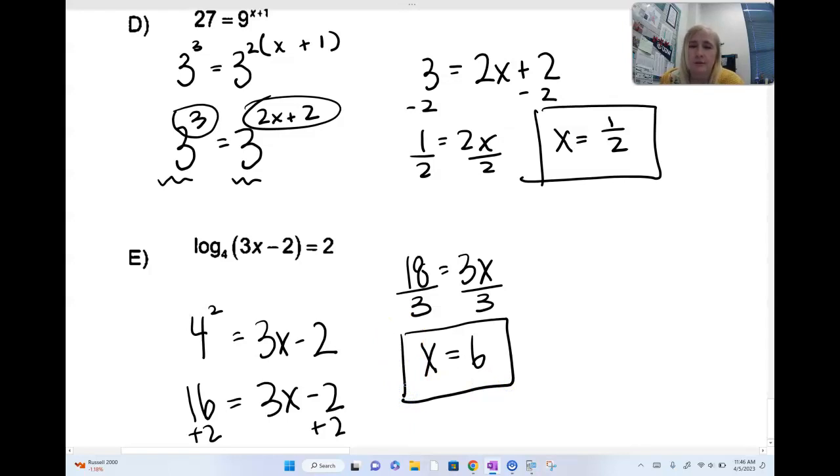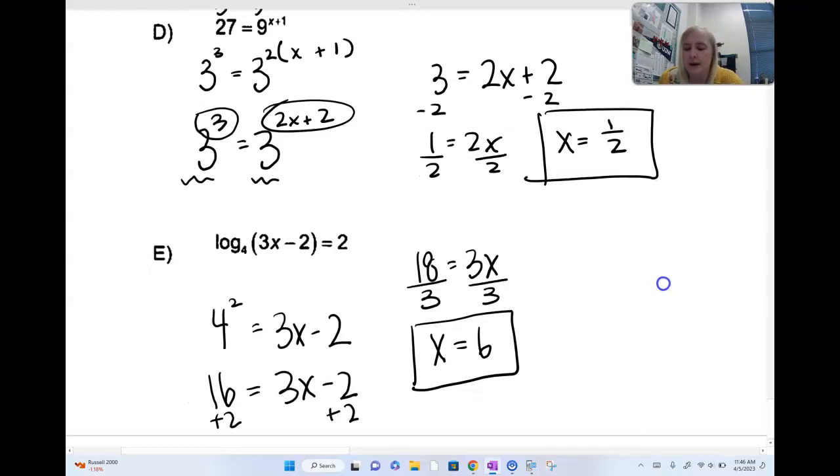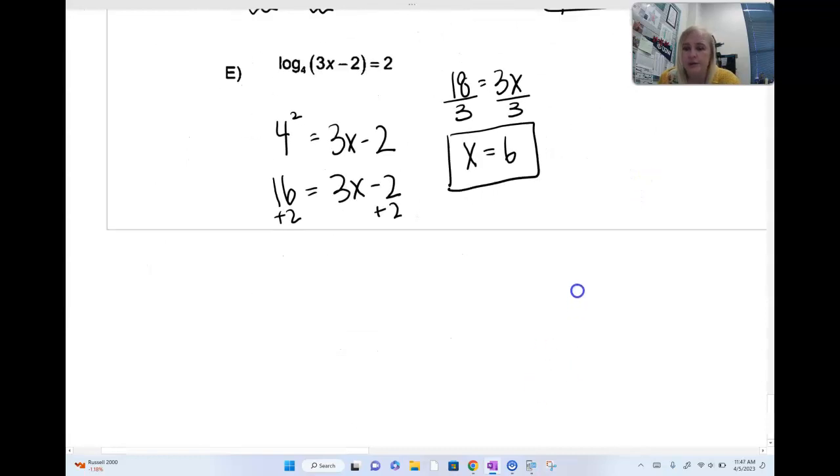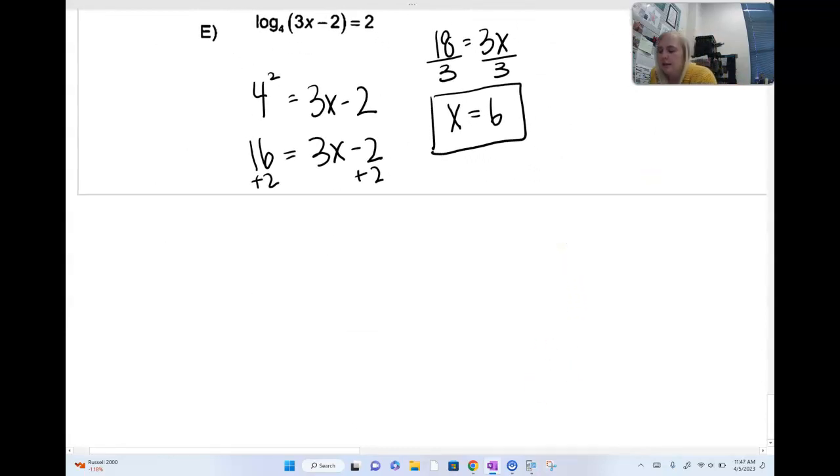Just remember, you're doing reverse order of operations to solve. Make sure you do those opposite operations. And then if you have radicals, you change them into fractions. For example, if you had the 4th root of, let's say 75, that's going to be 75 to the 1/4.